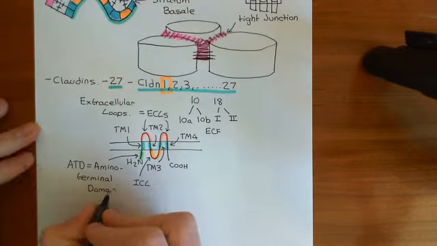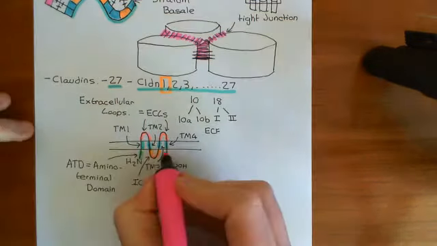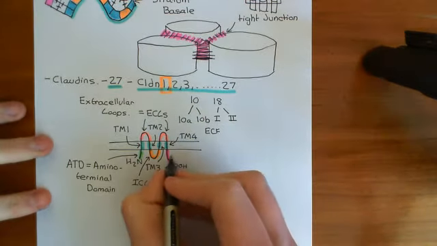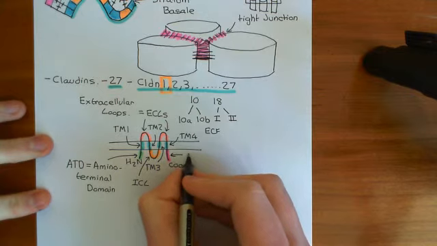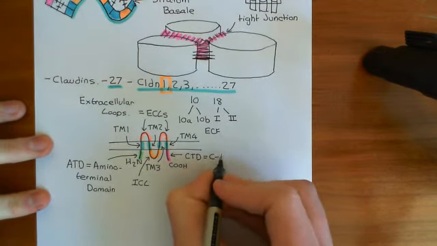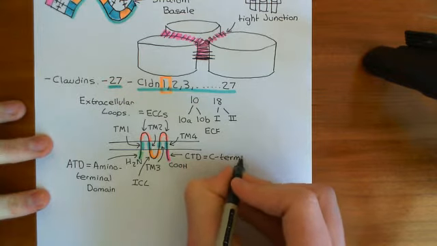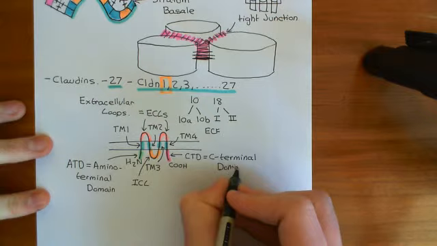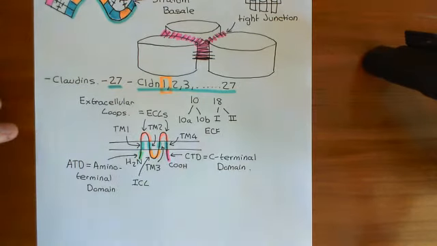Finally, we also have the C-terminal domain, which is the portion after TM4, close to the C-terminus. This is called the C-terminal domain, or CTD for short. So that's the structure of a claudin protein, and all 27 of them have the same basic structure.